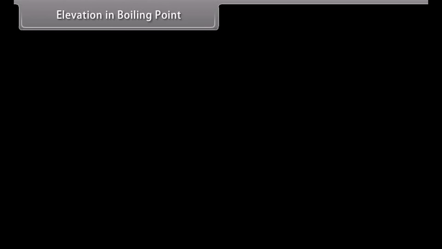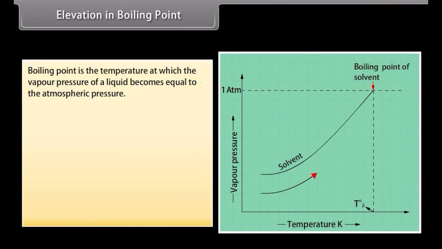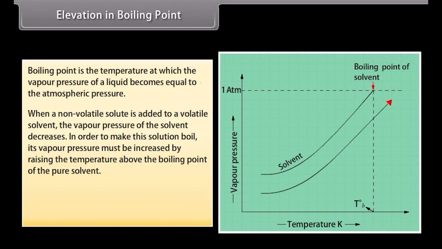Elevation in boiling point. Boiling point is the temperature at which the vapor pressure of a liquid becomes equal to the atmospheric pressure. When a non-volatile solute is added to a volatile solvent, the vapor pressure of the solvent decreases. In order to make this solution boil, its vapor pressure must be increased by raising the temperature above the boiling point of the pure solvent.